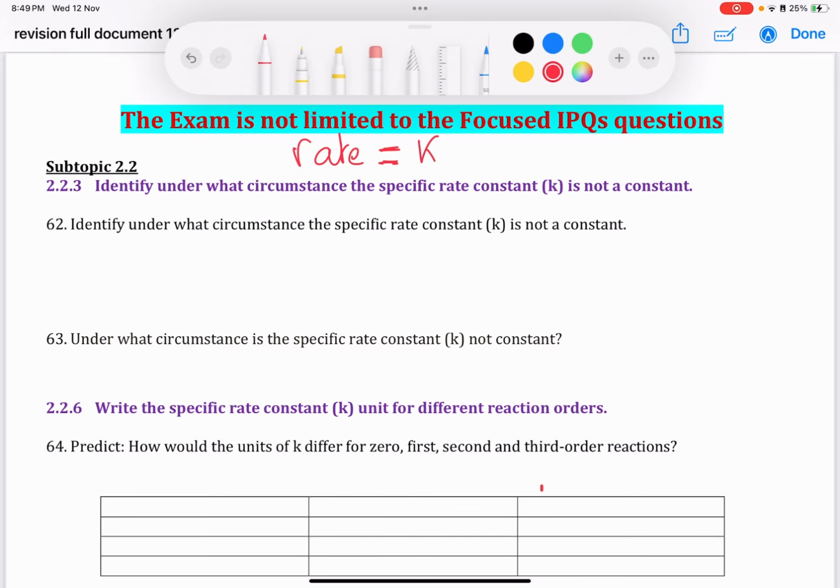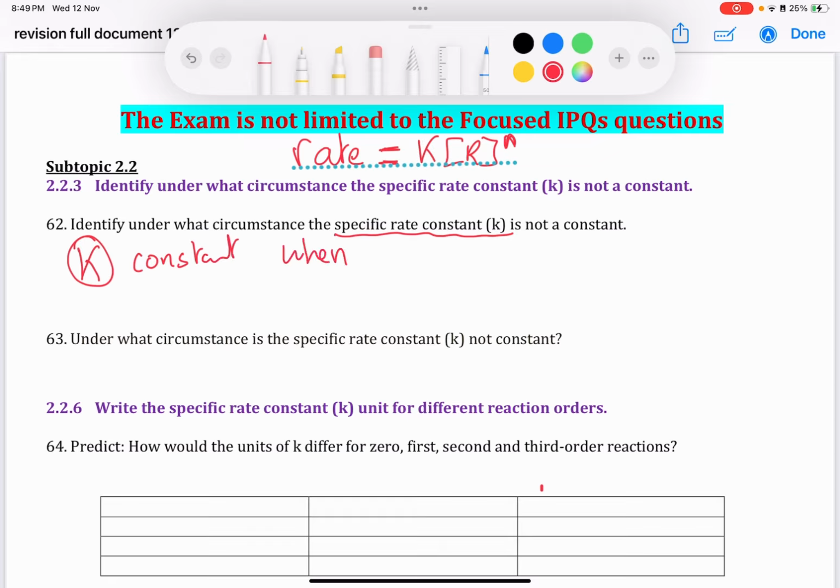So the rate law is equal to K, which is a specific rate constant, multiplied by the reactants involved, and the reactants are raised to a certain power that we call order.